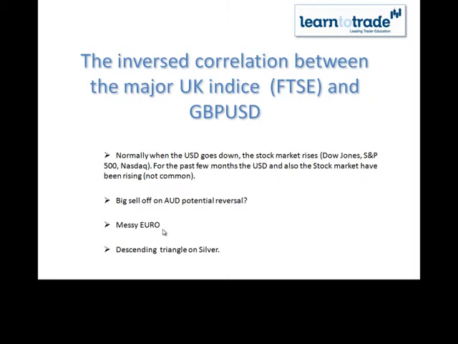There are some better currencies to trade apart from the euro. And another bullet point is the descending triangle you can see on silver. It's a beautiful descending triangle that we're going to go through as well.